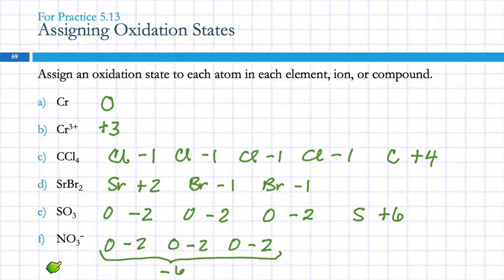Is this a neutral compound? No, it's got a -1 charge. So the oxidation states have to add up to the charge, -1. So nitrogen needs to be +5. Make a little bit of sense?